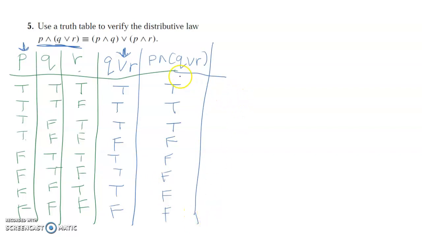Okay, so this is the truth and false values for our left-hand side. Now I'm going to leave the right-hand side for you.